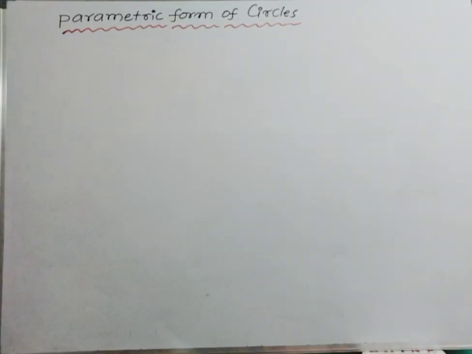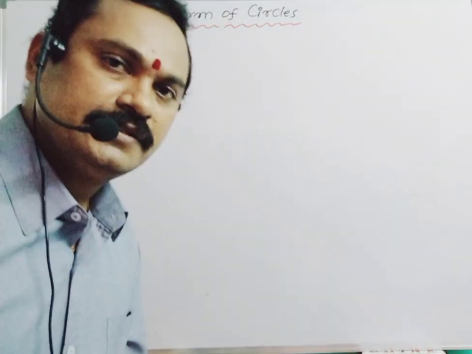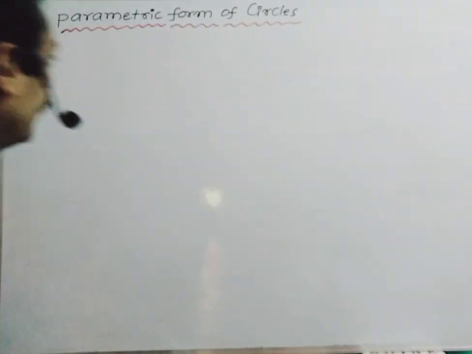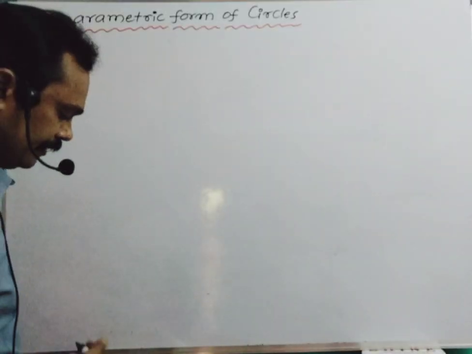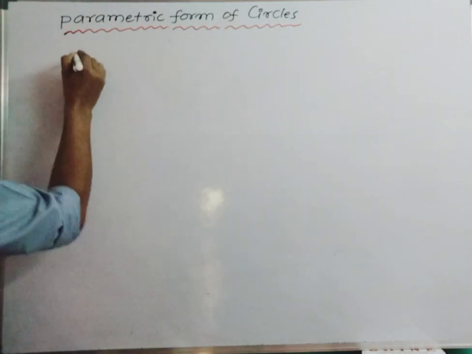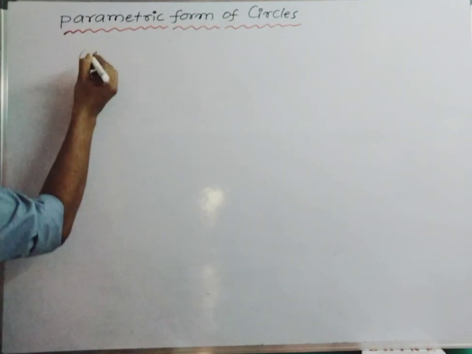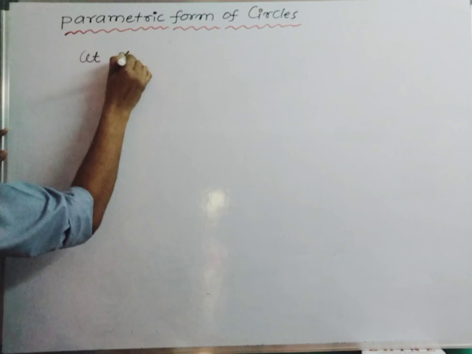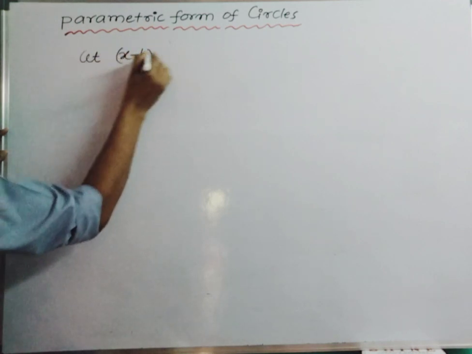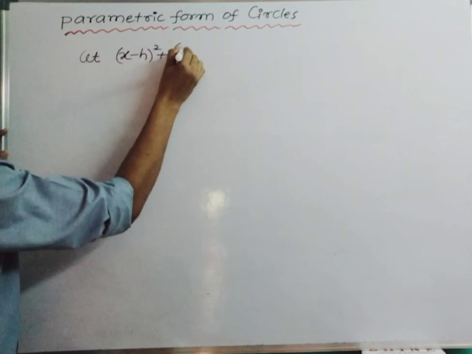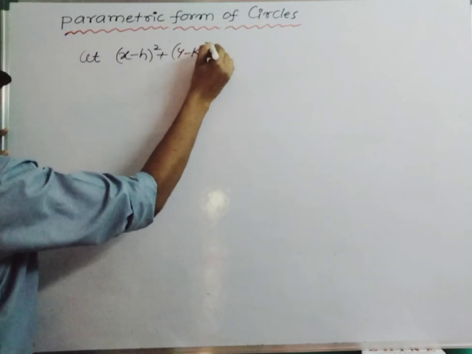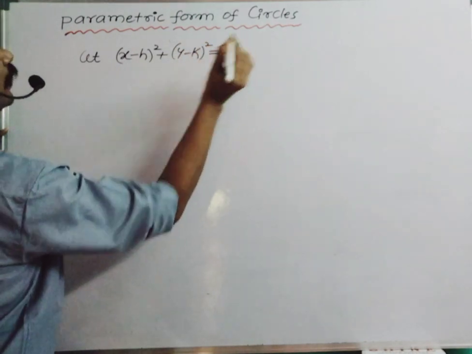Now we are going to discuss one more important concept, the parametric form of a circle. In a simple way, I will explain. Let x minus h whole square plus y minus k whole square equals r square.